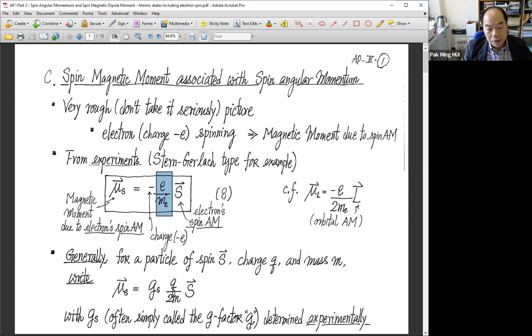Okay, so this box summarizes the Stern-Gerlach experimental facts, whereby we also introduce a new property to the electron. It is called the electron's spin.